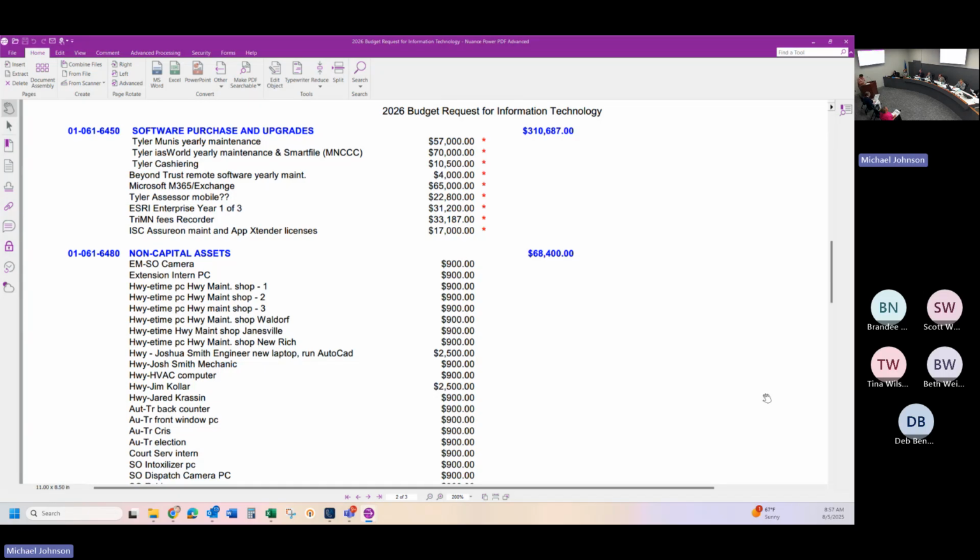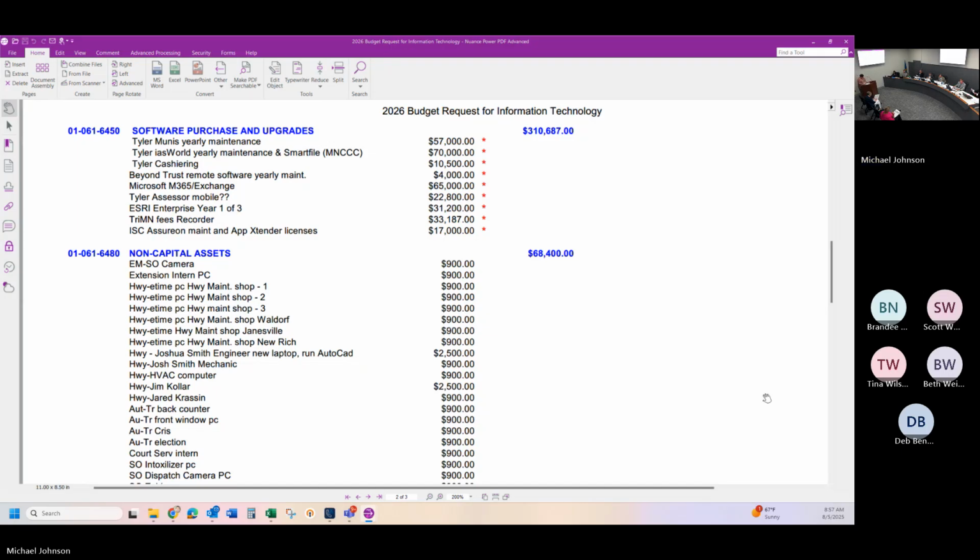We have our Microsoft M365 yearly renewal, Tyler Assessor Mobile, the Esri, which is our GIS agreement, Trimin fees for the recorder's office, and then our ISC Assurion. That is our device that we share with Dodge County and where all of the recordings from the recorder's office are stored. And then we swap between that county and us.